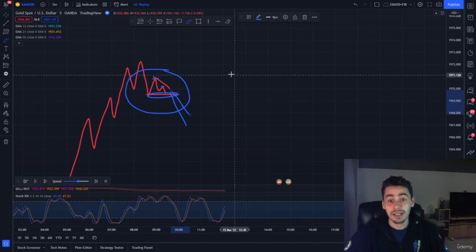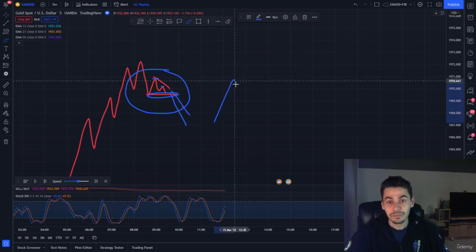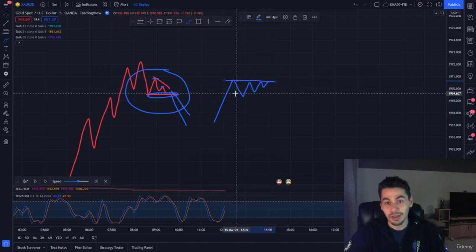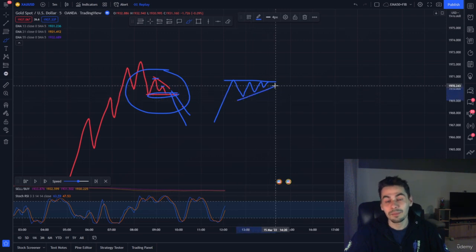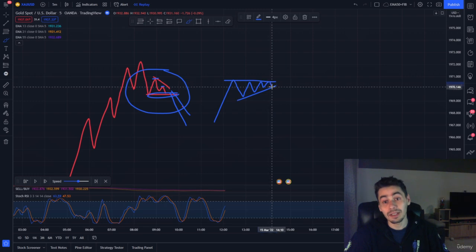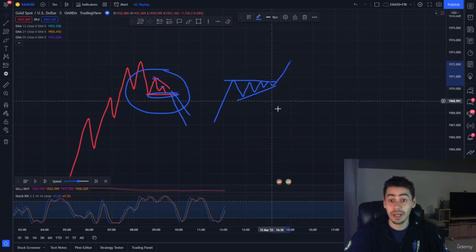Same thing applies with an ascending triangle. This would be the case of an ascending triangle. So as you can see, we have this stop here and we continue on making higher lows up until a certain point where probability states that this triangle will be broken to the upside.